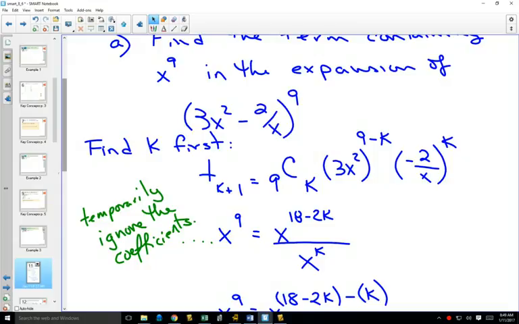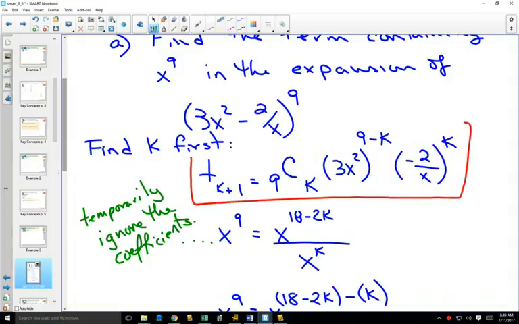Now, most often, if it doesn't say algebraically, for these ones, it does not take long to guess and check to figure out what's going to work. So if you had written this out here in the red box, and you'd said to yourself, I need an x to the 9. I'm going to pick a value of k. Maybe I'll pick 5.